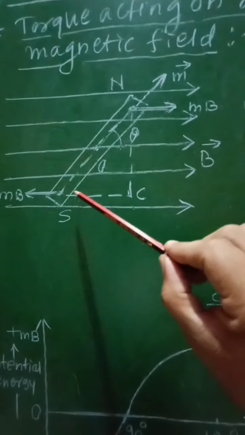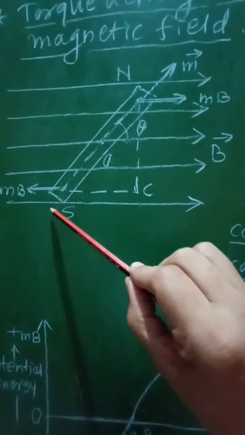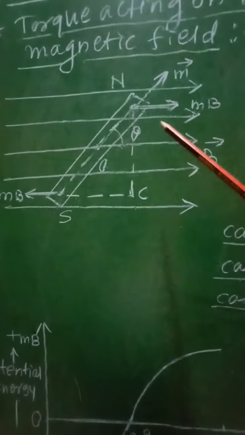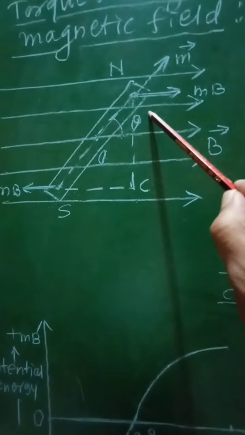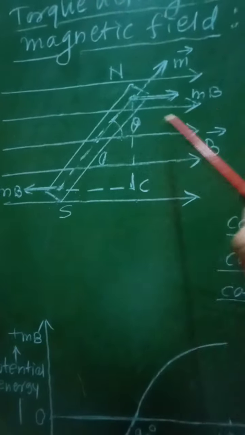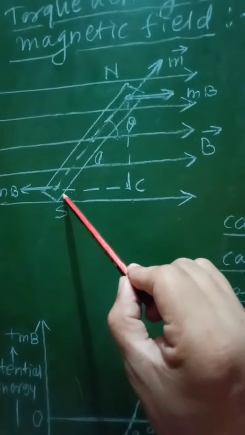Then the magnetic dipole moment vector M will be directed from S to N, and the two poles of the magnet N and S will be acted upon by the forces mB and mB. Here in this case, m will represent the pole strength of each pole.